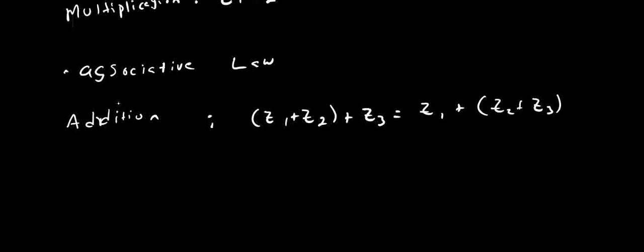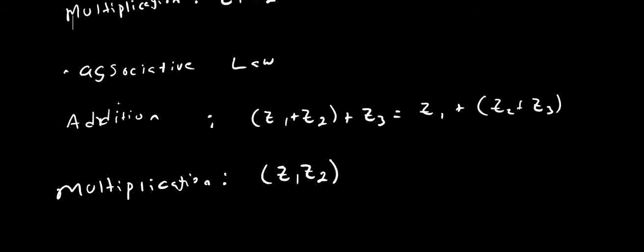Now this is the same for multiplication. So for multiplication, we can have (z1 times z2) times z3 is equal to z1 times (z2 times z3).